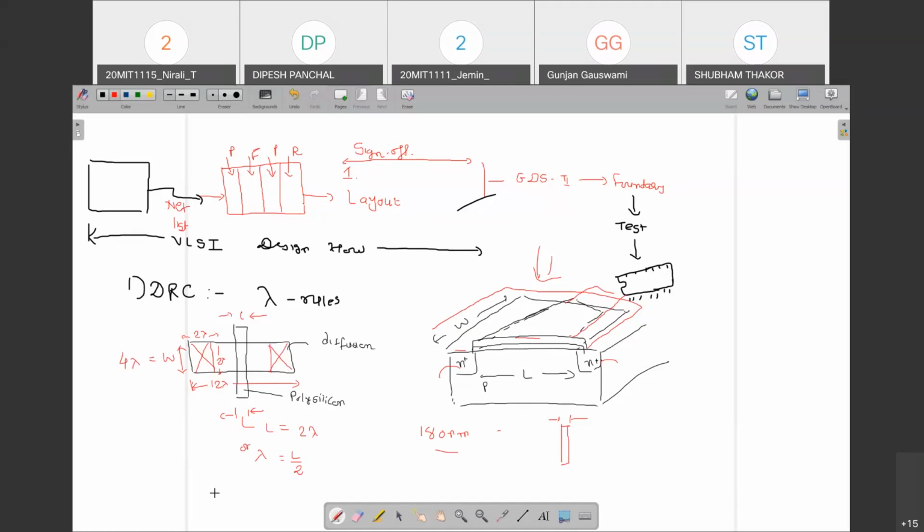In the software, all these facilities are there. This is the job done by the software. You just have to click on that particular layout, particular design, and the software will identify that there is a DRC error somewhere, for example, over here. Let's say over here your L is not 2 lambda, so you have to modify, increase or change it.